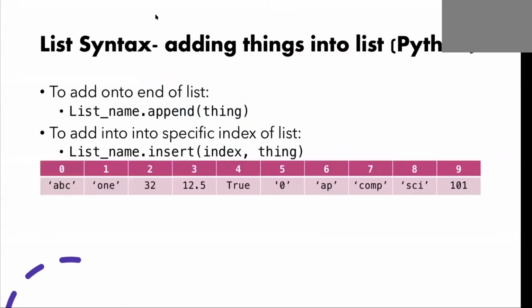All right, so let's do a little bit more practice. I know we just talked about this before, but what would happen if, let's call this list name, what happens if we do list name dot append 102? What should happen here?